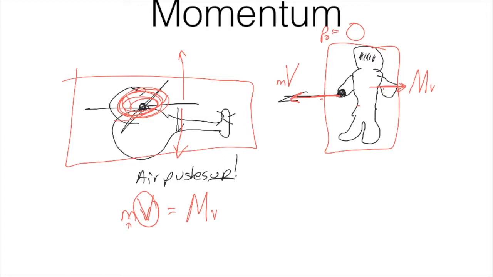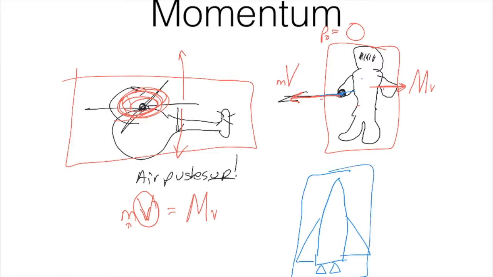The other one I can think of right now that is also dealing with space travel, I suppose, is your rocket. How does a rocket gain speed both on the ground and in space? In space, it doesn't even have anything to push off of, right? It's easy to think of the astronaut, well, at least the ball's pushing on him. But this one's a little bit harder to consider because what is it pushing off of? Well, it's pushing off of the fuel, right?